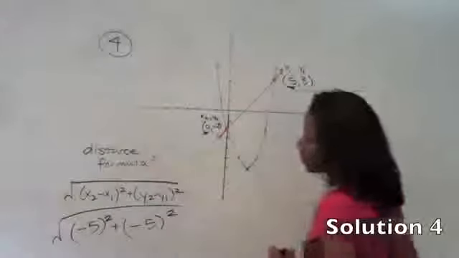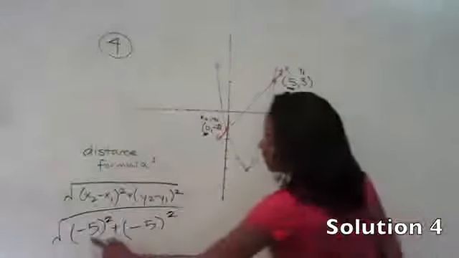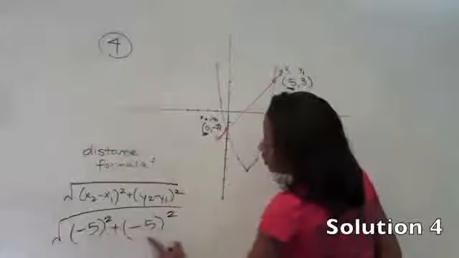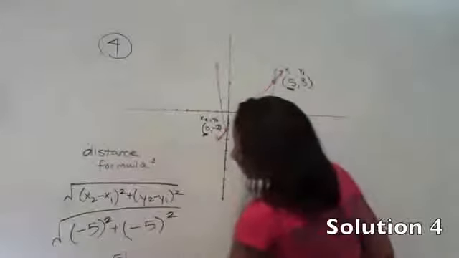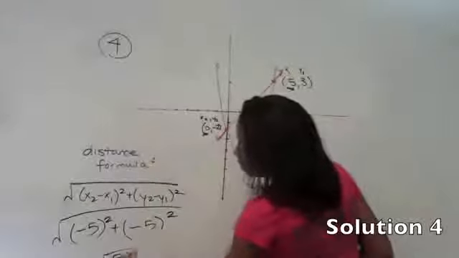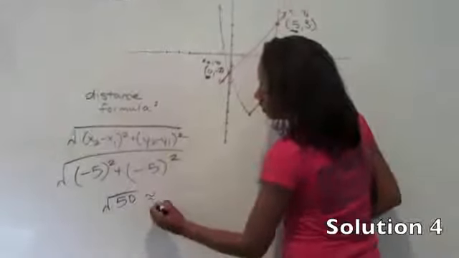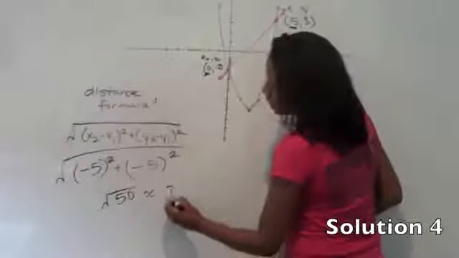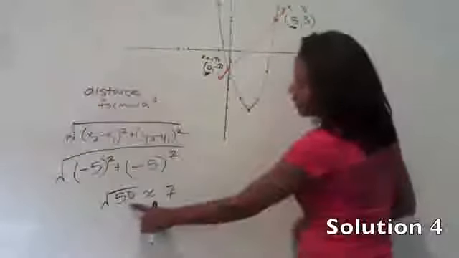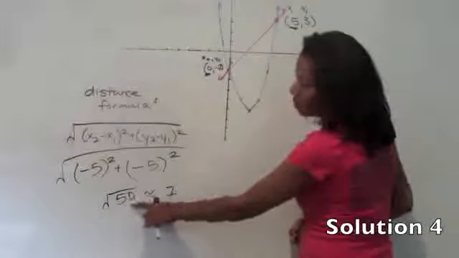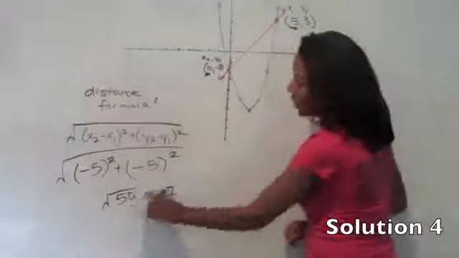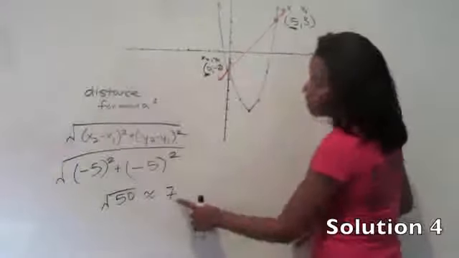So first you have to simplify the inside, which is 25 plus 25, so that is 50. And I need the square root of 50, and we are doing it to the closest number. So the square root of 50 is approximately 7, because the square root of 49 is 7, and this is the square root of 50. Or you can just put it into your calculator, and you'll find that the answer is A.